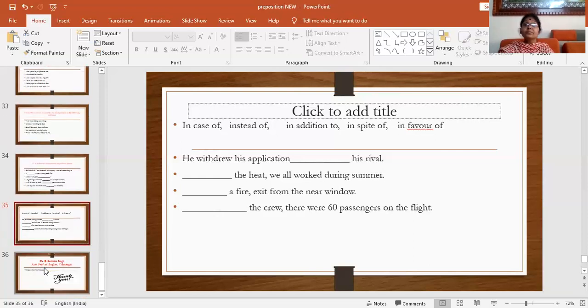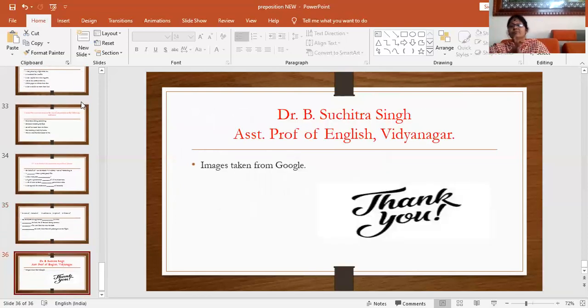Now we have done these exercises. So you all know what a preposition is, right? What are the different kinds of prepositions, and how we can use them, which appropriate preposition should be used at which place, and what are the errors that we commit while using prepositions?